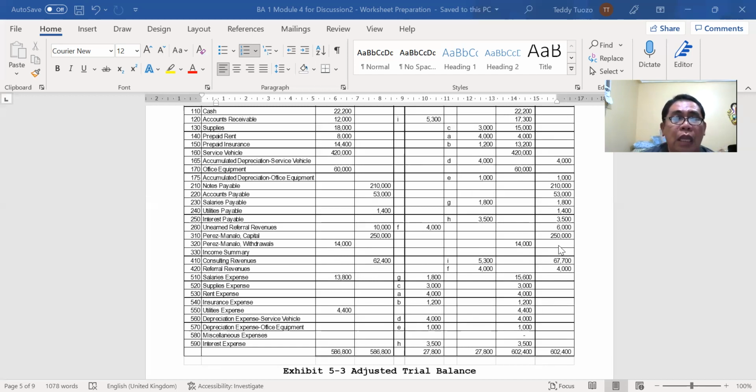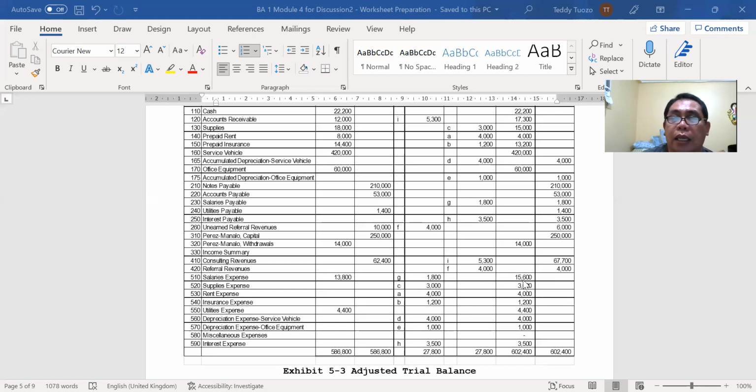And then consulting revenues, there was an adjustment. So credit, that's why the balance becomes 67,700 on the credit column. Referral revenues, the one that we adjusted from unearned referral revenues to earned, that's why we have a credit of 4,000. And for the initial recognition of the expense, salaries expense, there is a balance in the unadjusted trial balance, plus the adjustment amount of 1,800, which is also a debit entry.